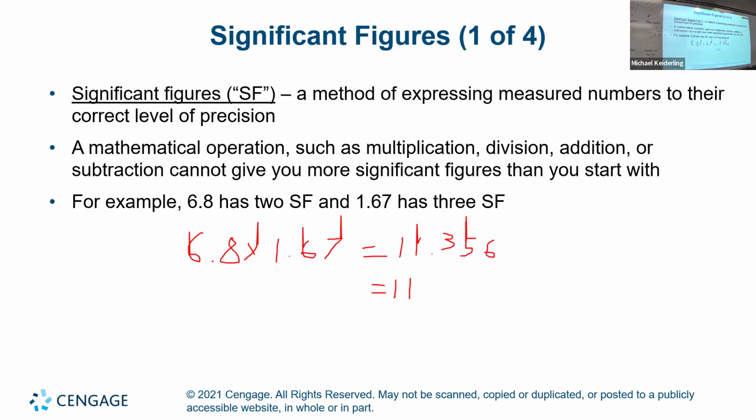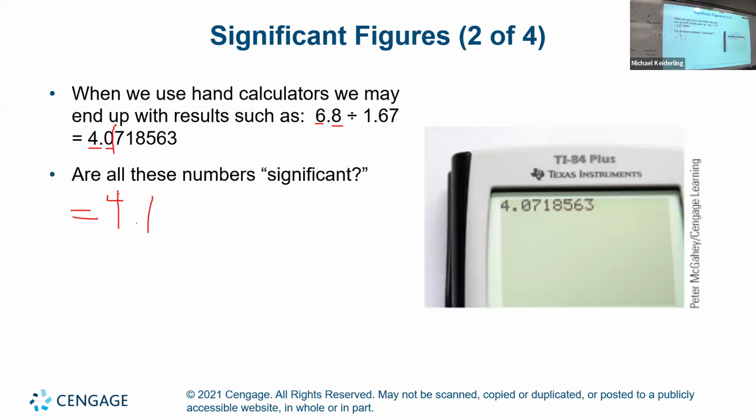And that's much more important when you divide than when you multiply, because division is likely to give you lots and lots of digits on your calculator. Your calculator is just going to give you as many digits as it can. So when you use a calculator and you do 6.8 divided by 1.67, you'll get something like 4.0718563, as you can see here. But not all these digits are significant.